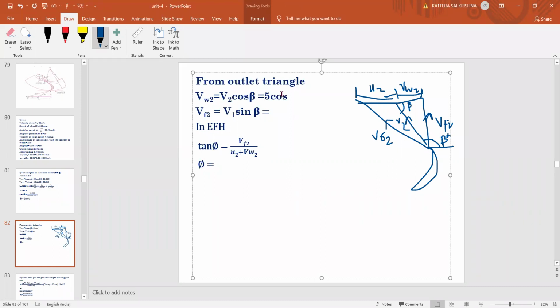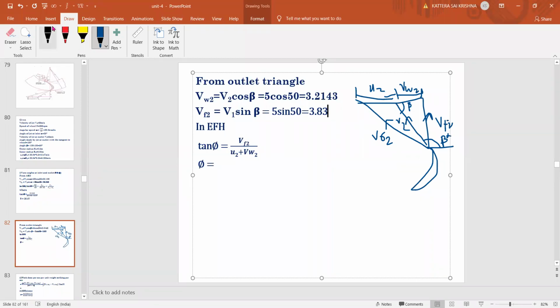Cos beta we have calculated as 50 degrees. 3.213 meter per second is VW2, and vertical component 5 sine 50, 3.830. 3.83. Right. Thank you. Very good. Right. So after getting VW2, VF2, and U2 already we know, we have calculated by using omega R2. So V2, U2, everything is there.